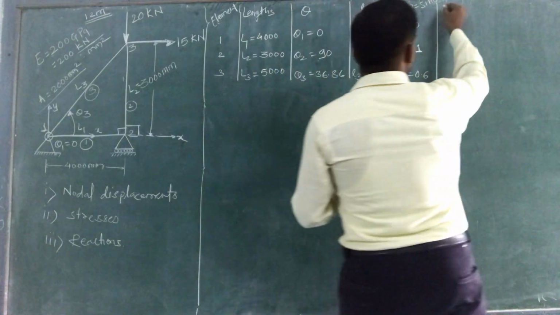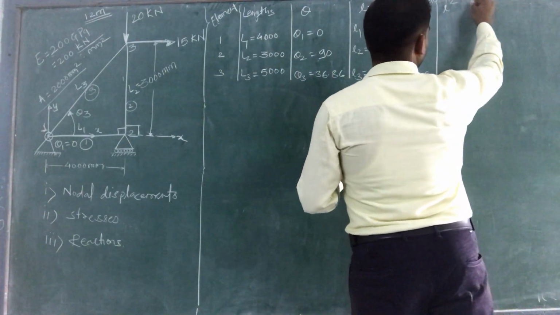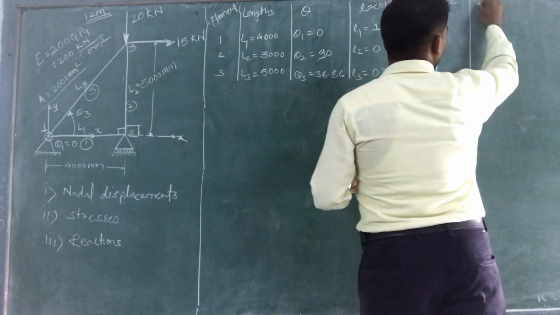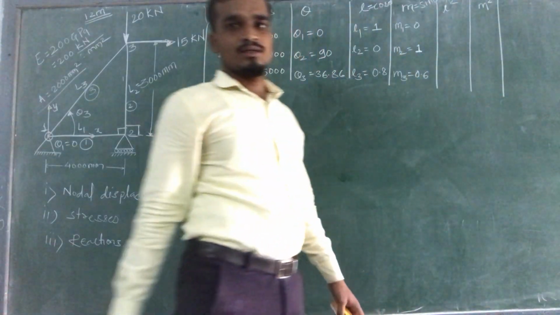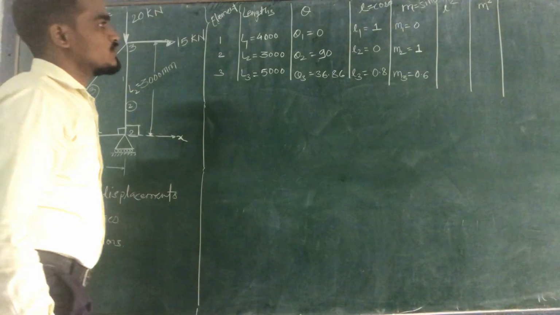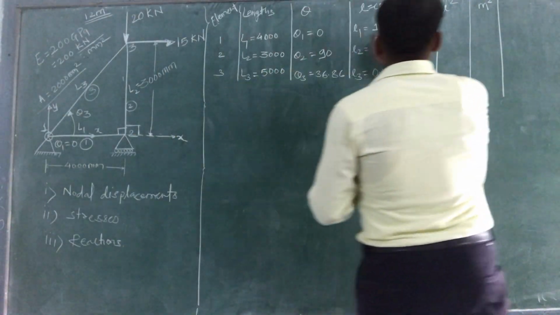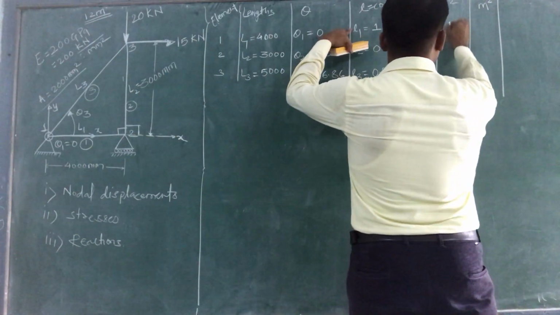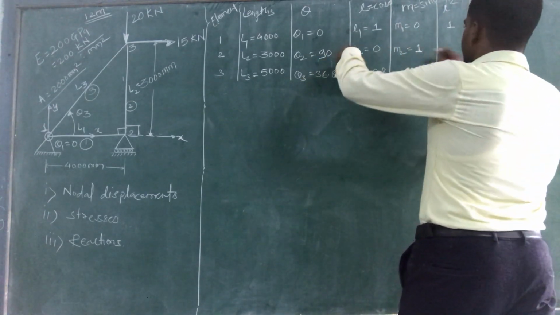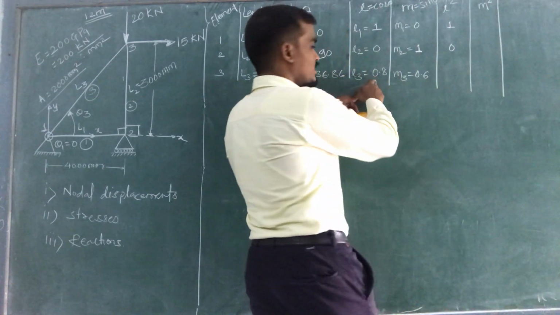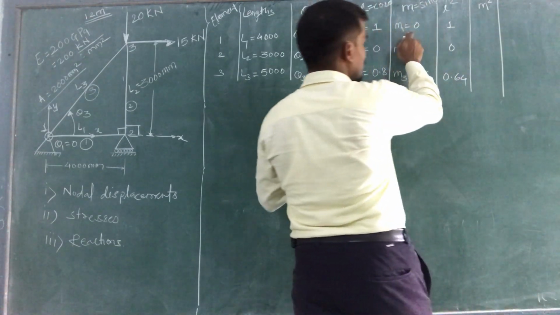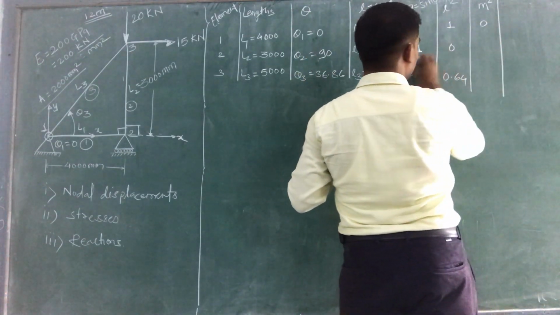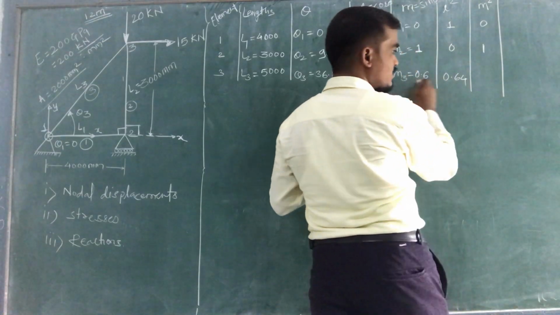So l square will become 1, 0 and 0.8 square is 0.64. Similarly, m square will become 0, 1, and 0.6 square is 0.36.